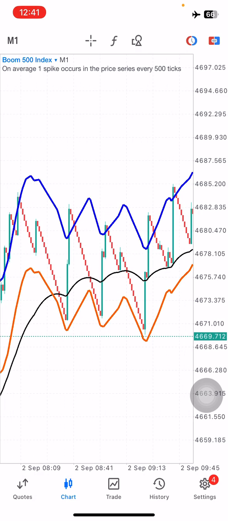So I want you to take note. Each and every time the market spikes out of this envelope line, which is the blue one, you wait for the market to close inside this blue line again.